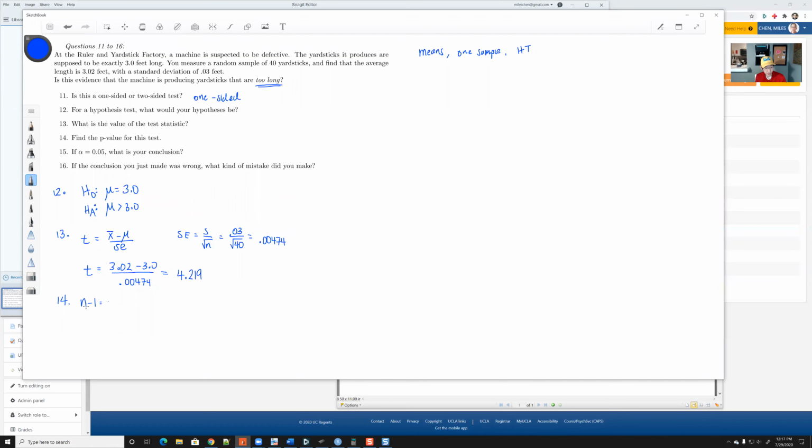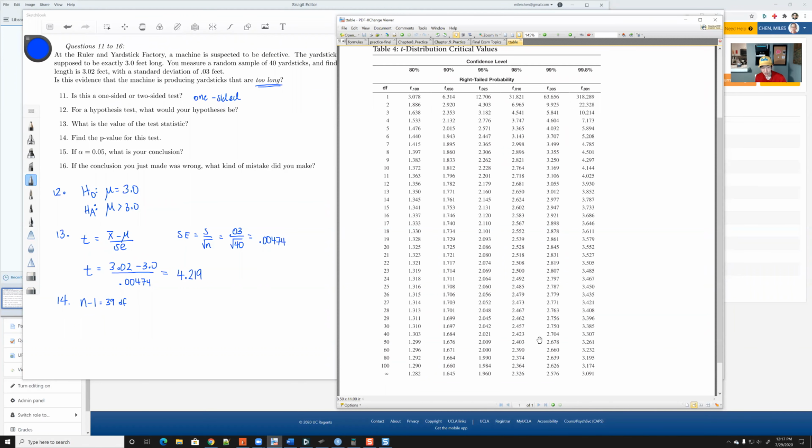So we have 40, so we have 39 degrees of freedom. And so I'm just going to go to the table, and we can look at 30 or 40 degrees of freedom, okay? And our test statistic is 4.219, which is greater than the last column, 3.385, 3.307, okay?